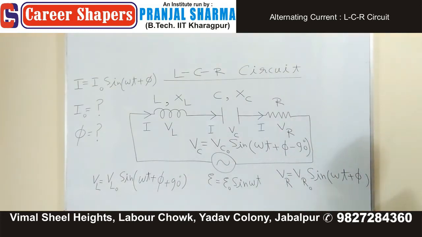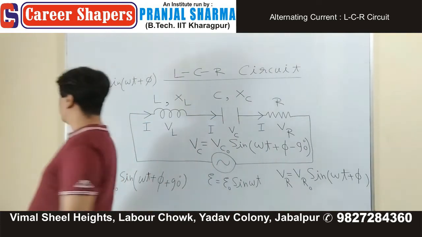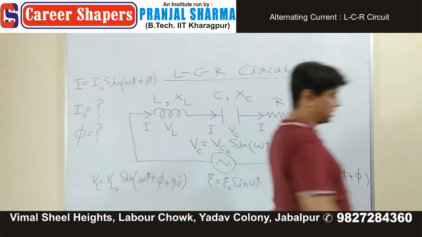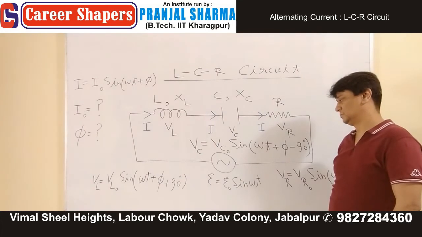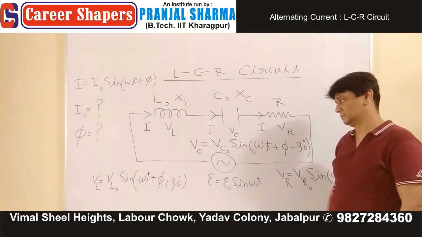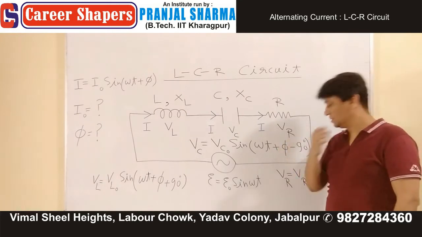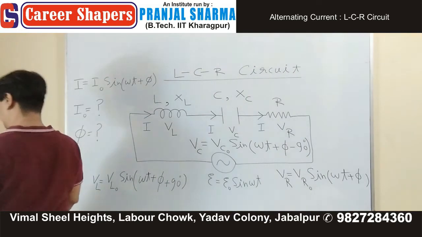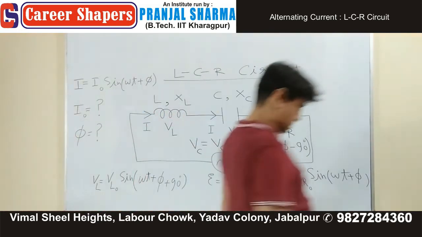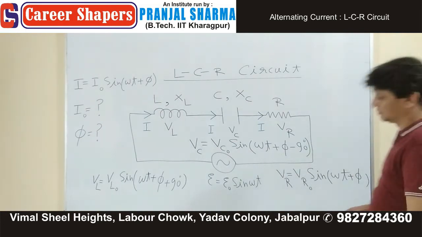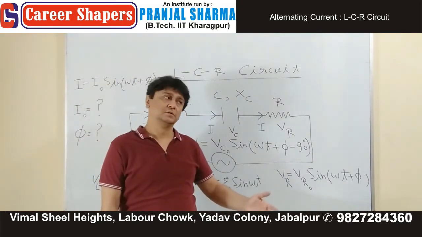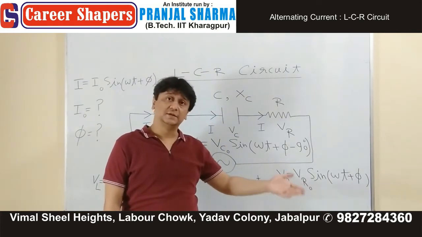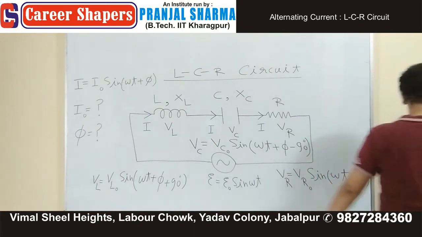When an inductor is present in an alternating circuit, current lags behind, which means we can say that potential difference leads by 90 degrees.